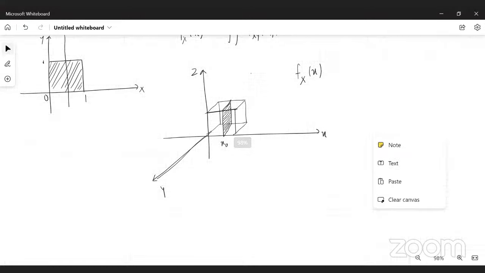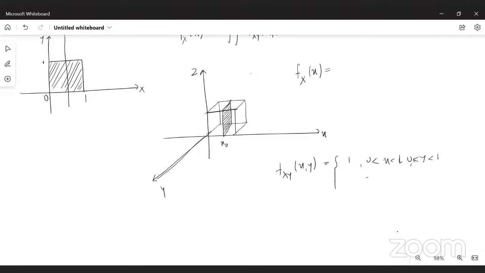To find the marginal of x, we know the joint distribution fxy is 1 for x lying between 0 to 1 and y lying between 0 to 1, 0 otherwise. So if you want to find the marginal of x, you have to integrate fxy with respect to the other variable y.